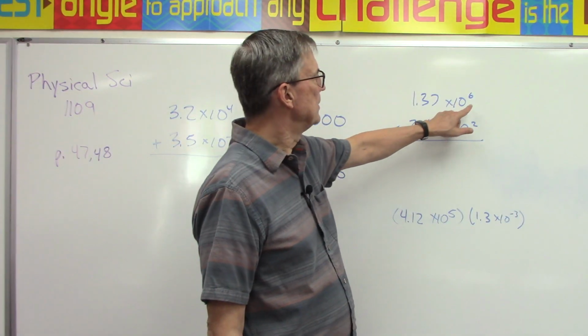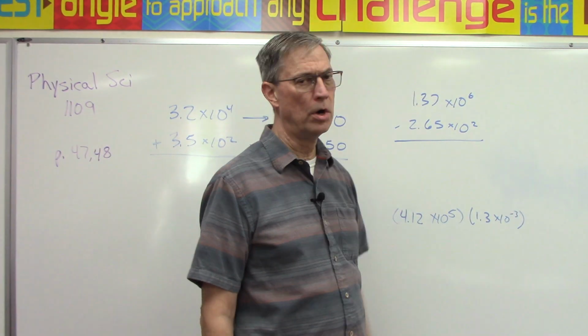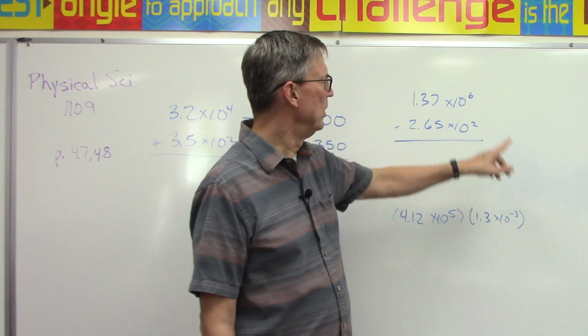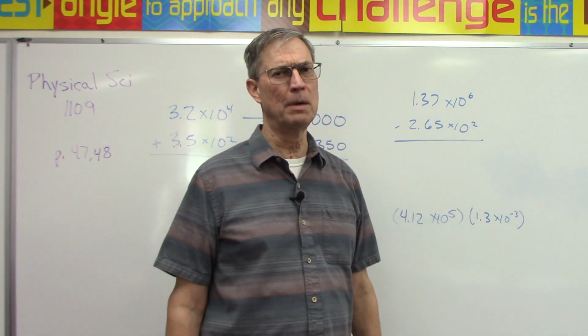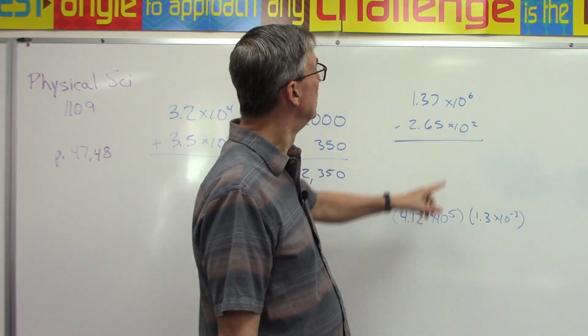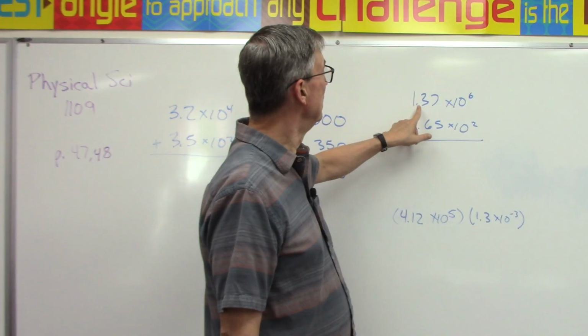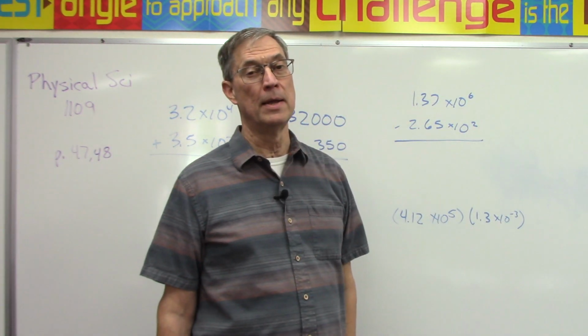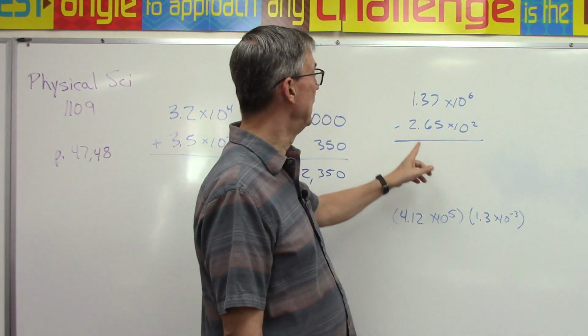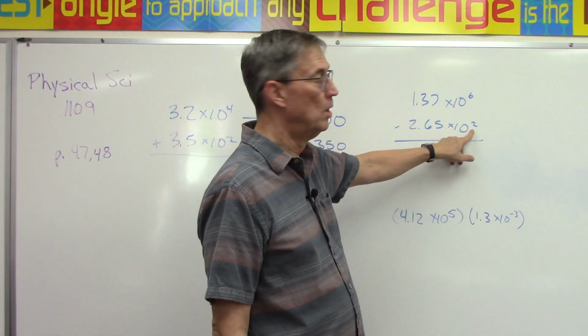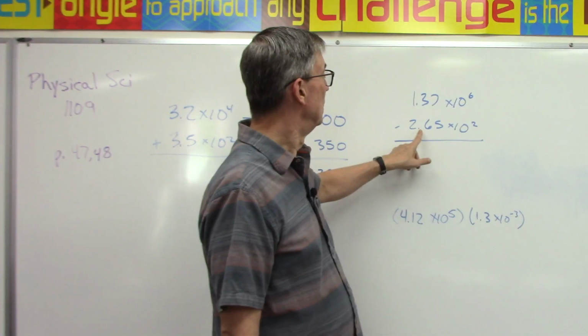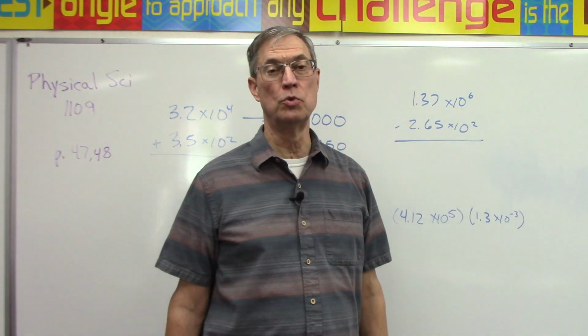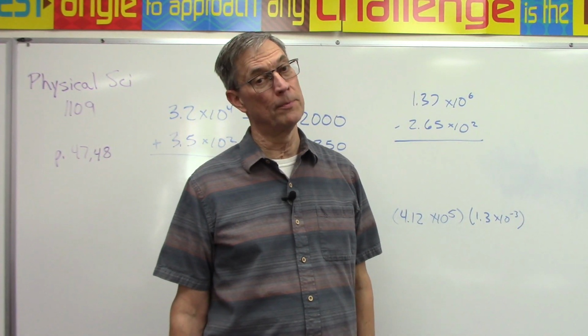Sometimes they give us numbers that have fairly large exponents, so then it becomes more challenging. You could write this as 1 and then move the decimal 6 times and have a very large number. And then with this number, we're going to move it only twice, which is going to make it become 265.